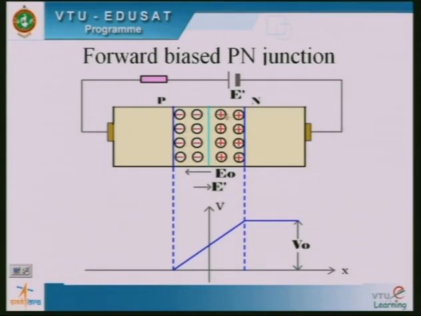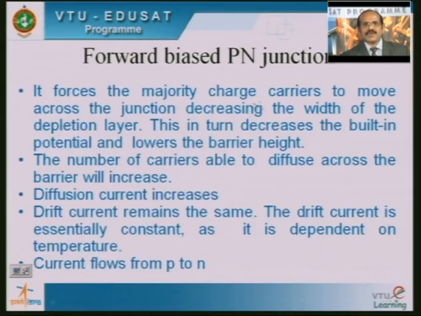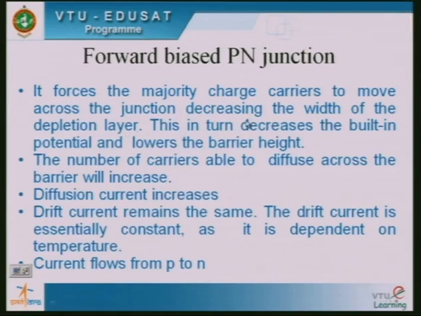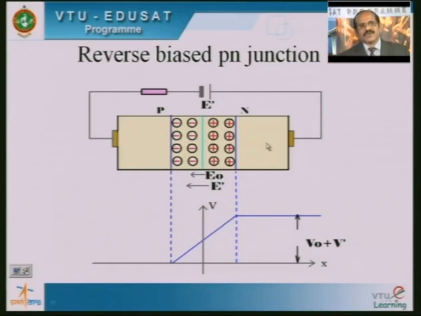Whenever the PN junction is forward biased, the electrons will be able to move across the junction, decreasing the width of the depletion layer. Therefore the barrier potential decreases, and the diffusion current that flows from P to N region increases, whereas the drift current remains constant.